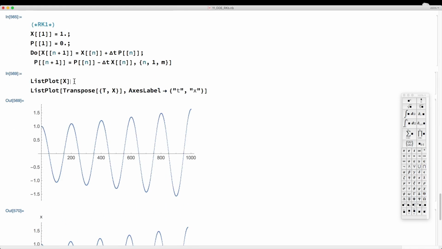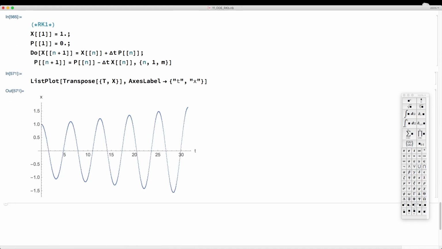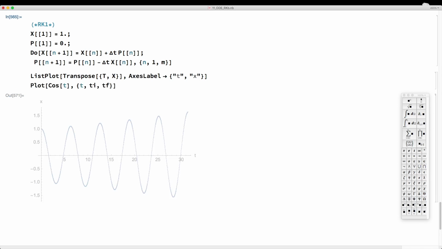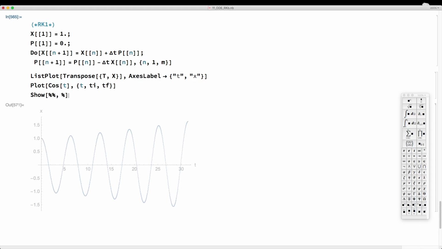So let's get rid of this command and just keep this, and then we can plot this against the analytic solution. And we can use show to show these two together.